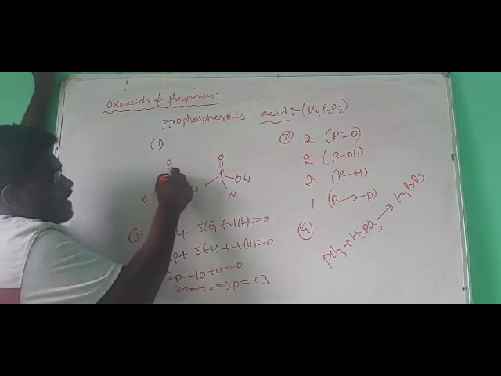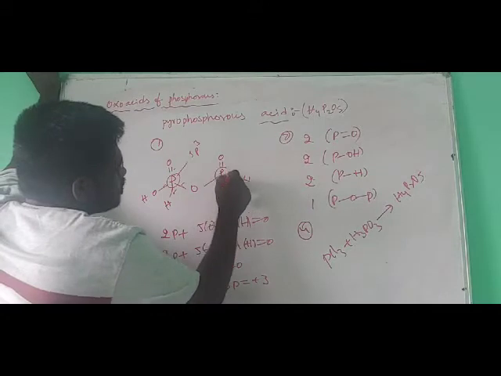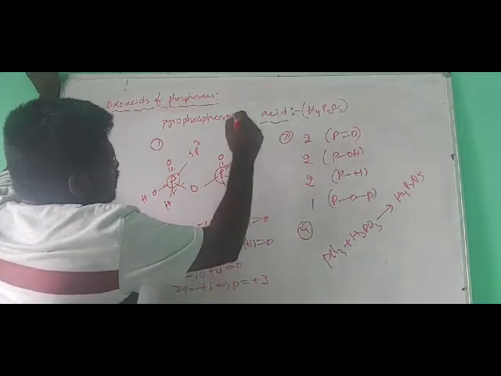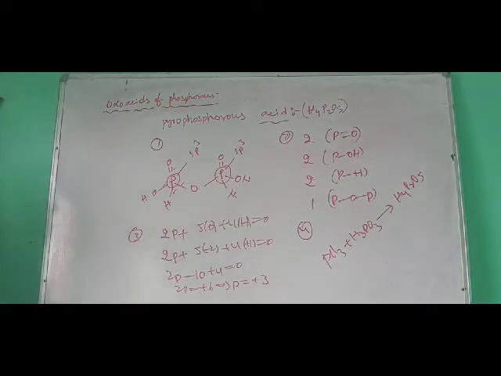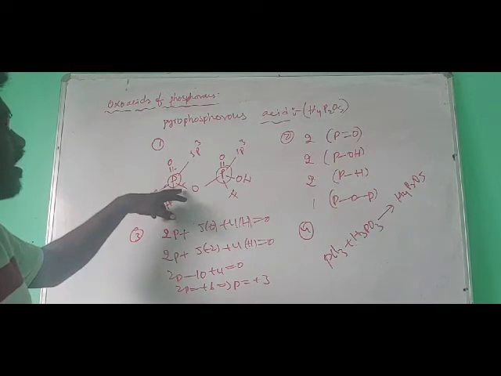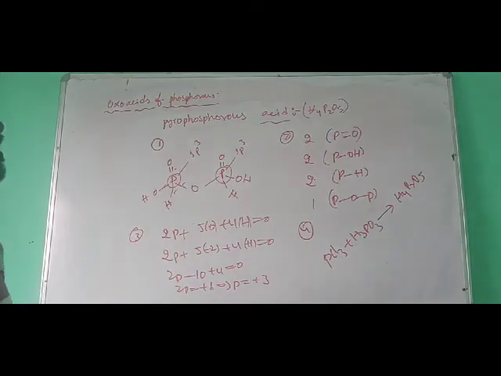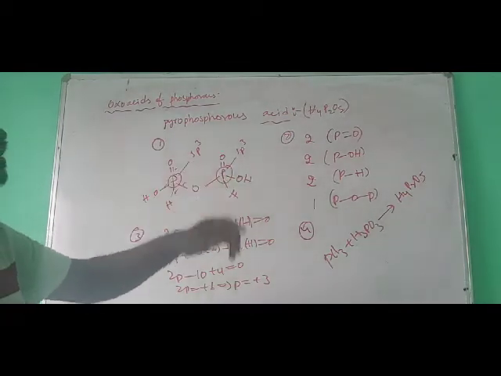So here phosphorus has sp3 hybridization, and here also the same environment is there. This one has sp3 hybridization. So due to the sp3 hybridization, the shape of the molecule is tetrahedral geometry. Here also tetrahedral geometry is present. There is a tetrahedral environment around the 2 phosphorus atoms.